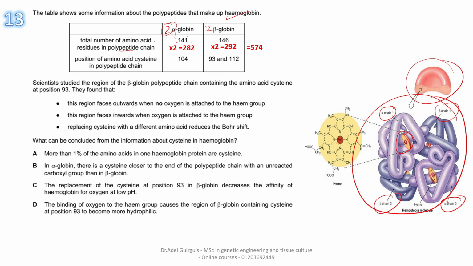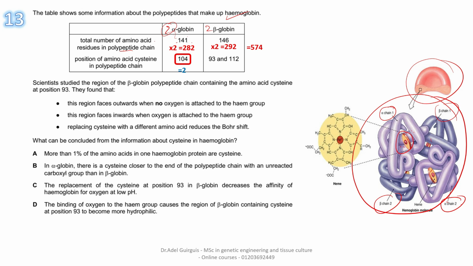What about the position of the amino acid cysteine in the polypeptide chain? Cysteine is found at position number 104 in each alpha globin. So how many cysteine are found in one hemoglobin molecule? Equal to 2 times 2. How many cysteine are found in beta globin?